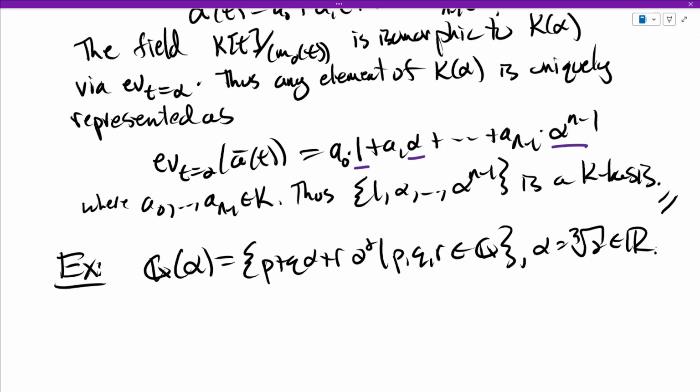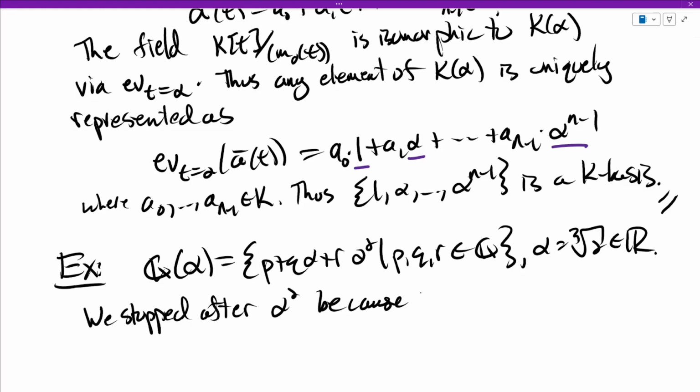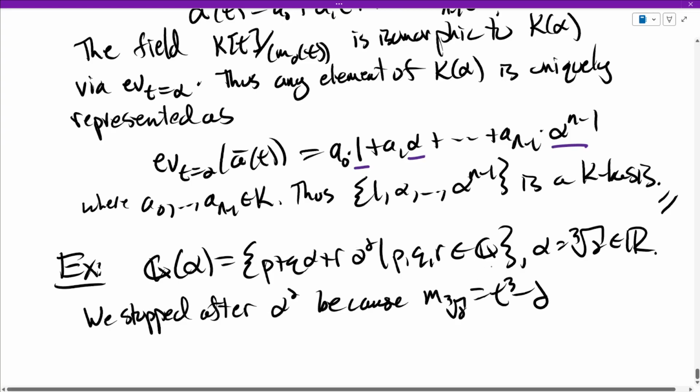All right. So in that case, we stopped at alpha squared, right? Why did we stop at alpha squared? Well, we stopped here because the minimal polynomial of the cube root of 2 is t cubed minus 2. It's degree 1 less. We have to stop at degree 1 less.